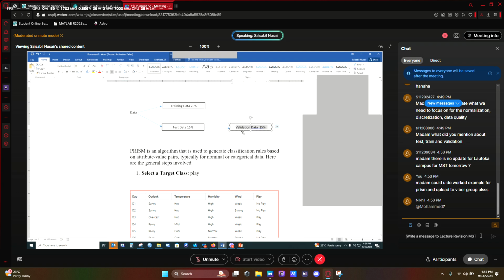Validation data is extracted from the test data. So you can see that your test data in here is 30%, but I have divided that, not necessarily equally. A lot of people might say test data is 20 and let's make validation 10%, for example. So you need to understand what the purpose of these data is, or why we categorize the data into training, test, and validation.